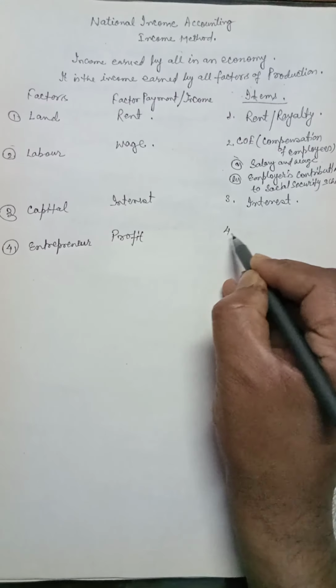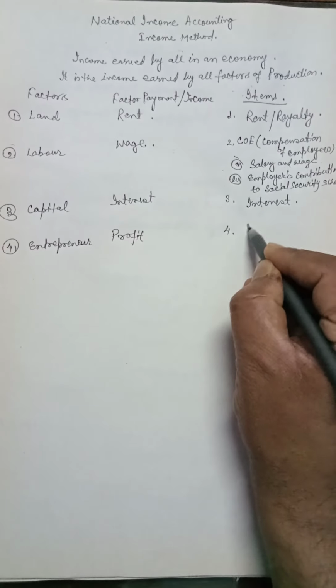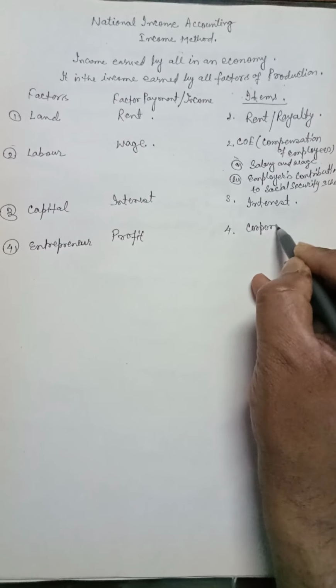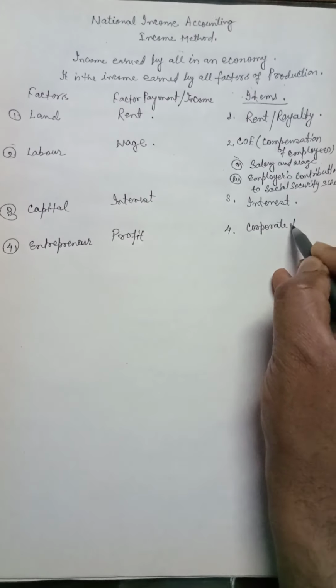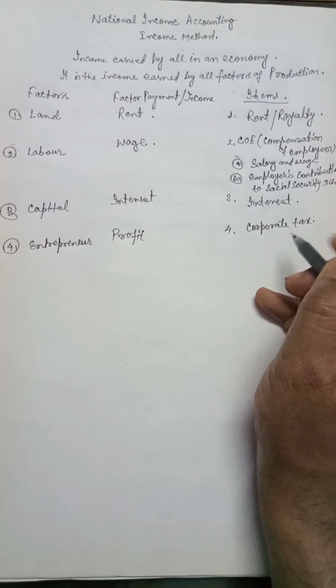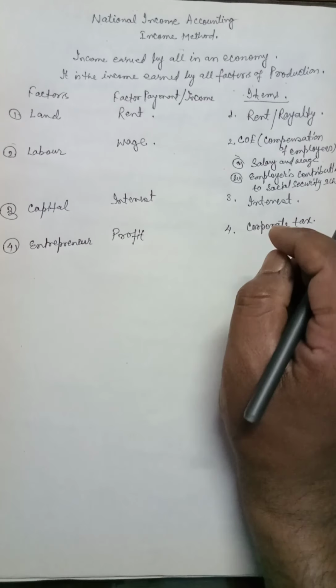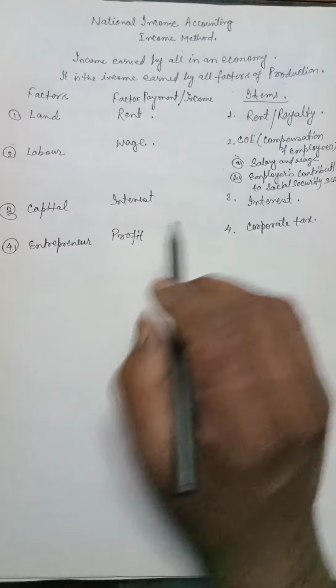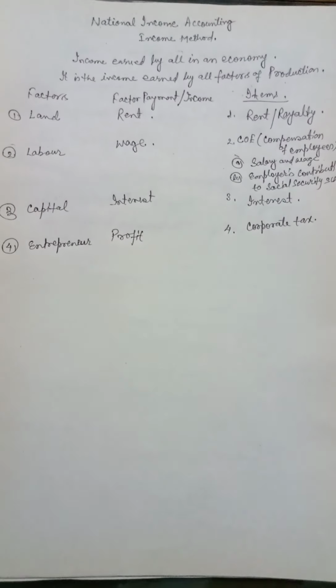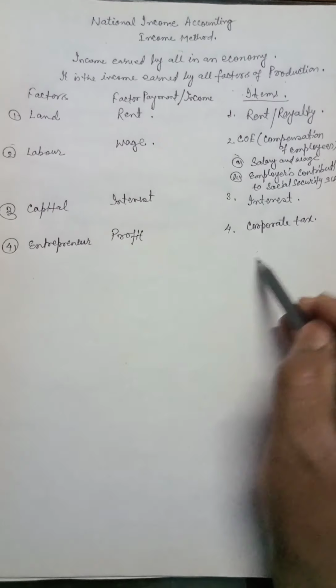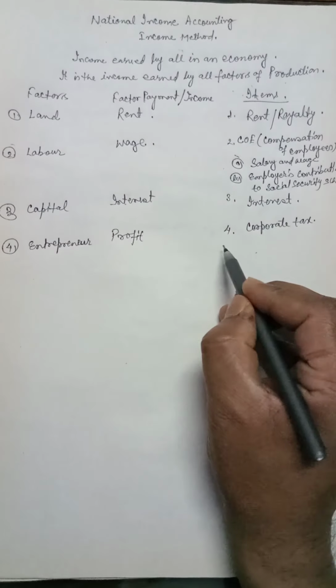First is corporate tax. Company is a person in the eye of law, and on the earnings of the company, that is profit, at first the government imposes the taxes, that will be called corporate tax.